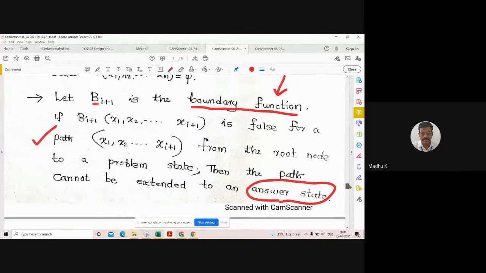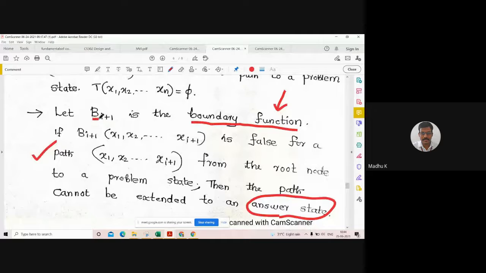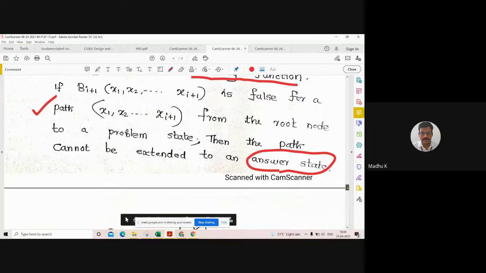This is another assumption. Bi plus 1 is the boundary function of the i plus 1 node, and if it is false for a path from x1 to xi plus 1, then the path cannot be extended to an answer state.